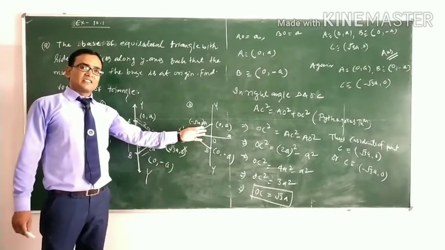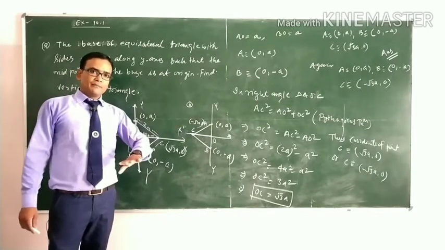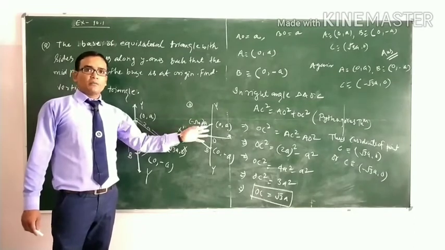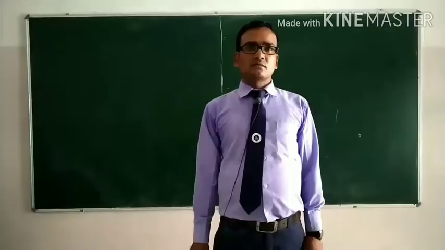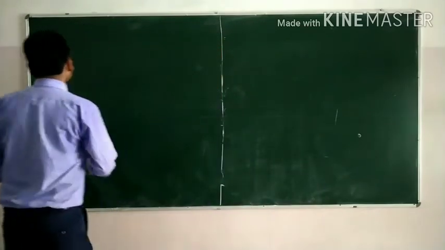In this condition the coordinates of A and B are the same, but the coordinate of C is minus square root 3A comma 0. Okay students, let us move to question number 3.